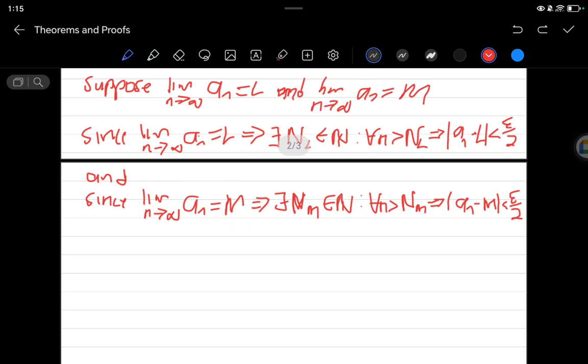So I'll let N be equal to, since this is unique, I'm saying that there's no other number. Instead of min, I'll take max of N_L and N_M, because there's no other number like that, so it is unique.